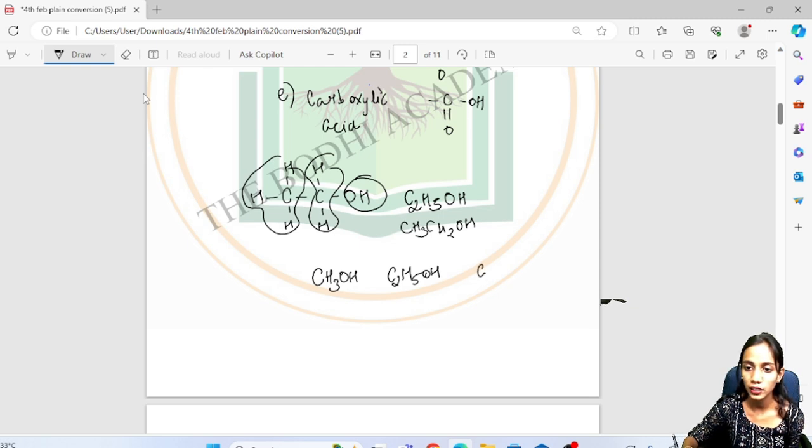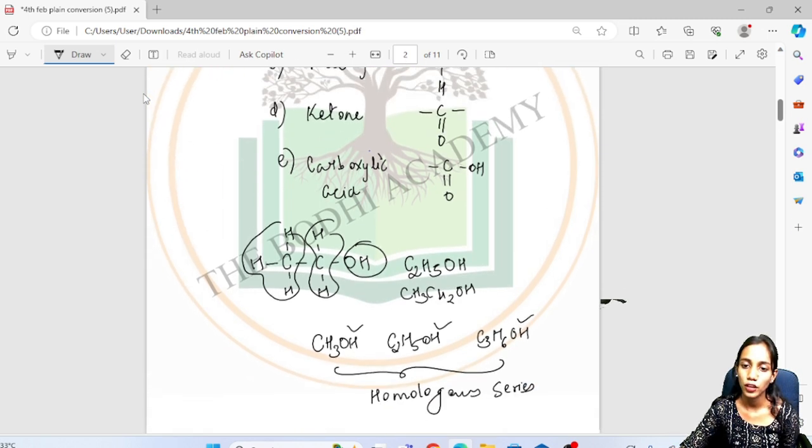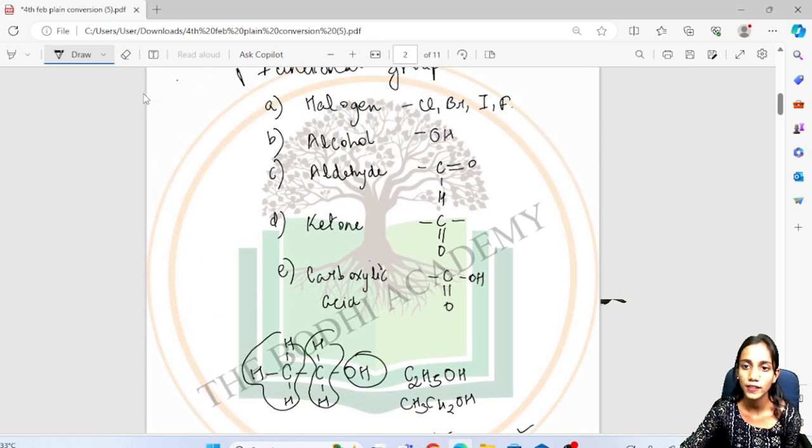Then three carbons, C3H6OH. So this is a series of hydrocarbons wherein the same functional group is substituting the hydrogen. Such a series is called a homologous series. So these are the functional groups and this is about the homologous series.